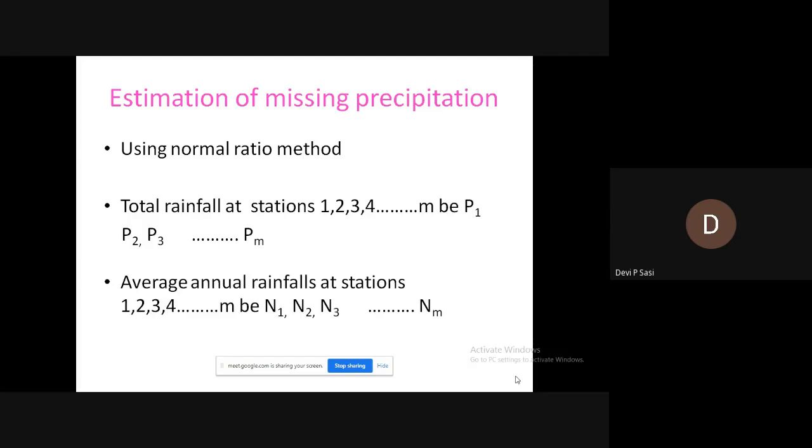So in those cases, we have to find those values. We have to compute the missing values. So we depend on the normal ratio method.